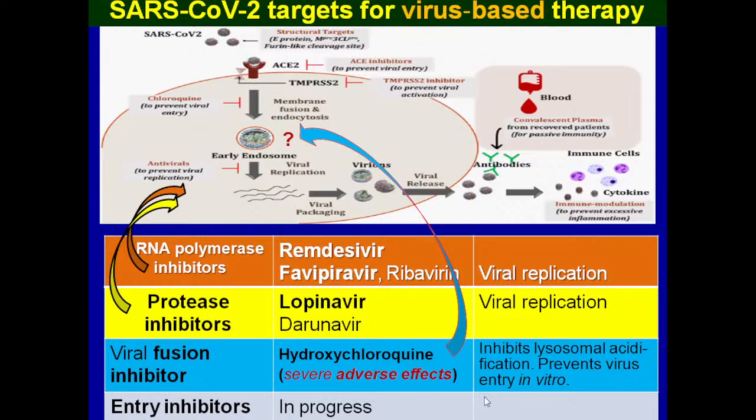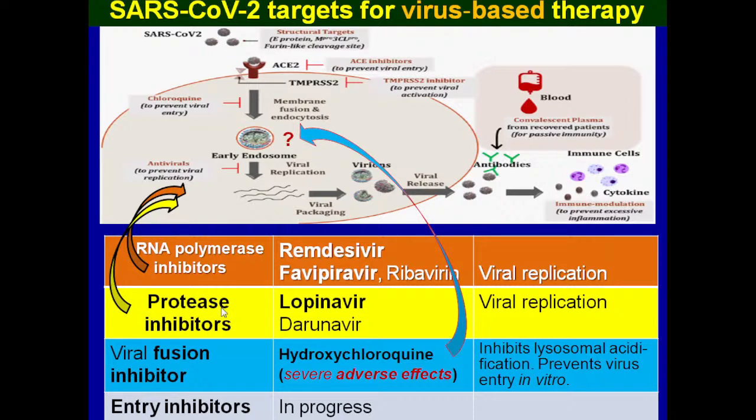Here you can see the common targets in the process of virus replication for virus-based therapy. So, the polymerase inhibitors: the inactivation of RNA-dependent RNA polymerase interferes with the minus-sense RNA production that's supposed to be used as a template for viral genome replication.